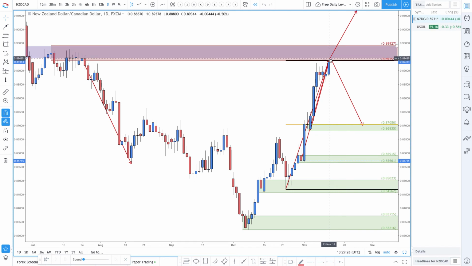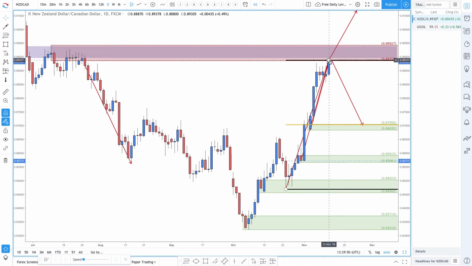Again, if you are one of those traders that buy at highs, then this is not a high probability trade. That's not to say that prices can't continue to go higher. Prices can do whatever they want, but we're just managing the probabilities of a successful trade, and this looks like a potential setup that we could get involved in.